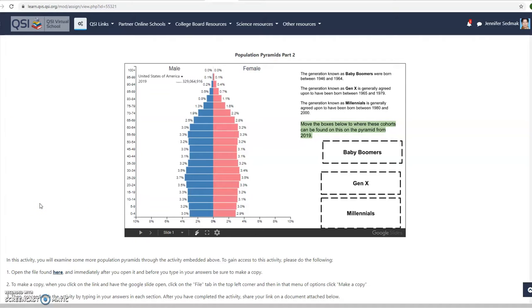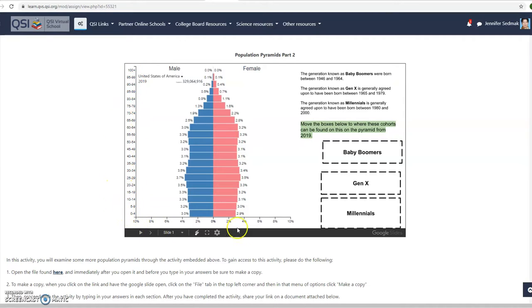And essentially what it shows you for a given country, this happens to be the United States in 2019. For a given country, it breaks up the country's population by gender. So you have females represented on the right and males represented on the left. It breaks up population by age ranges that are presented to you on the y-axis.